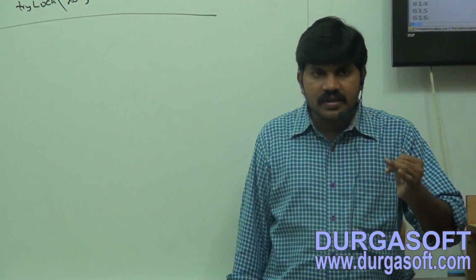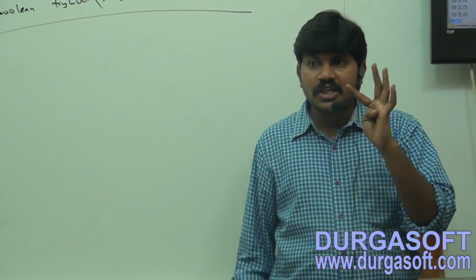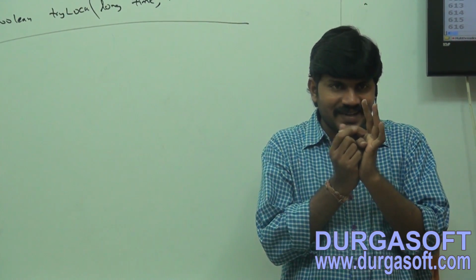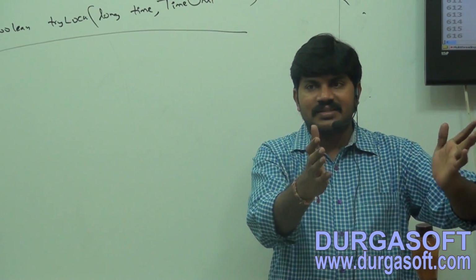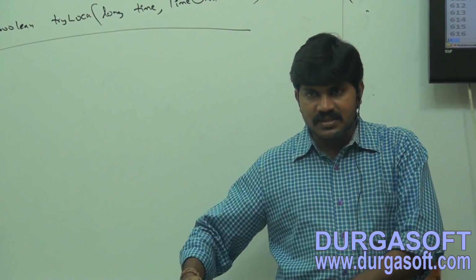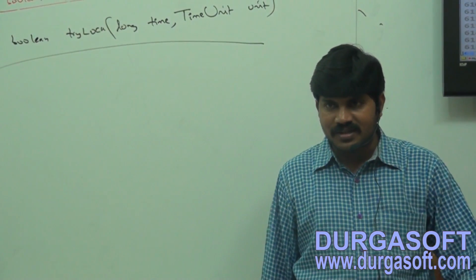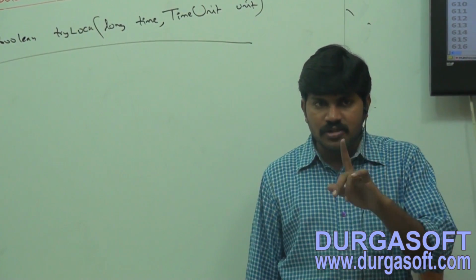TimeUnit is an enum present in the java.util.concurrent package. What values are there? Hours, minutes, seconds, milliseconds, nanoseconds, microseconds, and even days. These many days, hours, minutes, seconds, milliseconds, nanoseconds, microseconds I want to wait. These are the allowed values for TimeUnit.